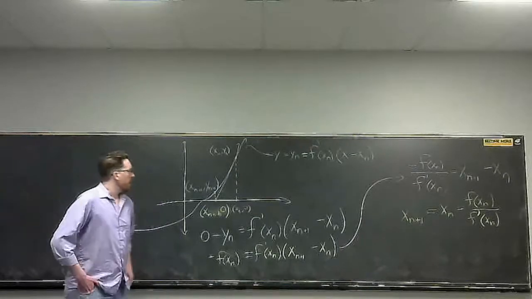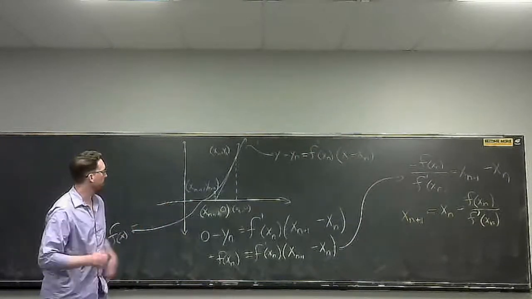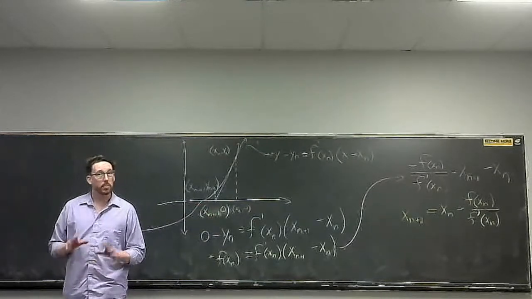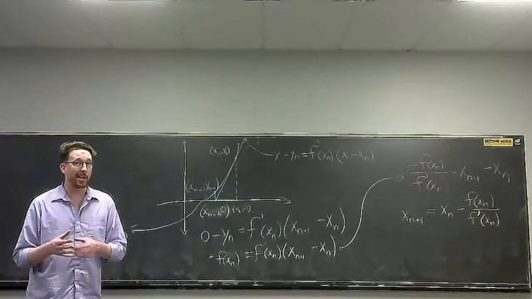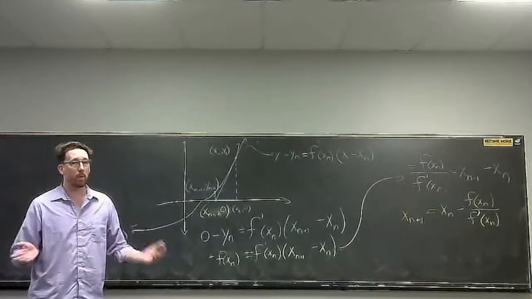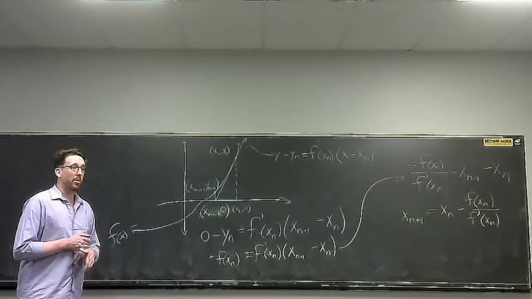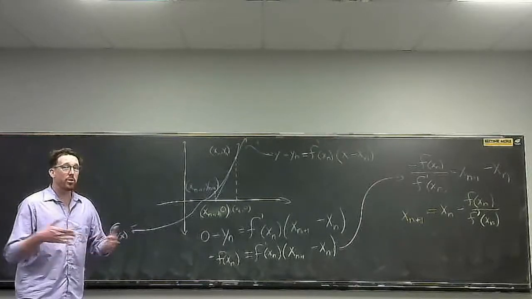But yeah, this is the idea of Newton's method. Newton's method does not always work. Sometimes it does fail. Now, how are you going to be expected to use this in class, in your homework? Really, you're going to be given a function and told to approximate it within so many iterations.